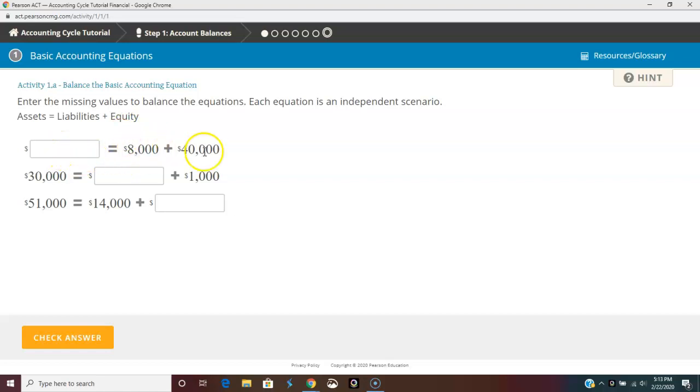Well, if you know these two numbers, you know that this number should be $48,000, if I can do it in my head. You know this number and you know this number, so 30,000 minus 1,000 should be 29,000, so that this balances. And then 51 equals 14 plus something, 37. And we'll see if that's correct. So what it's basically doing here is looking at the equation.